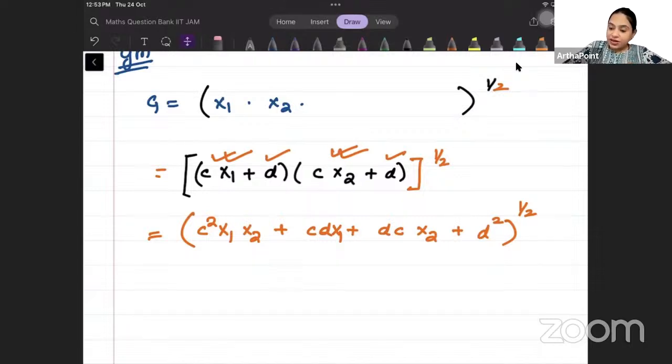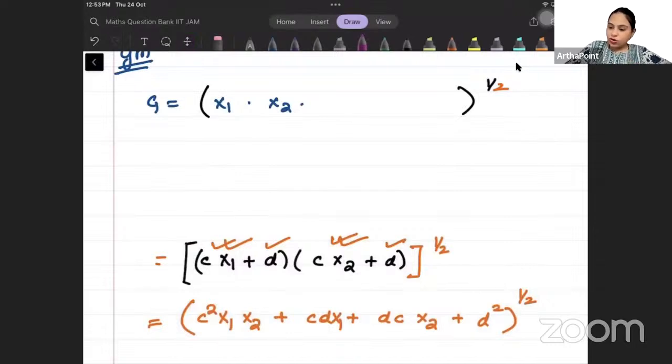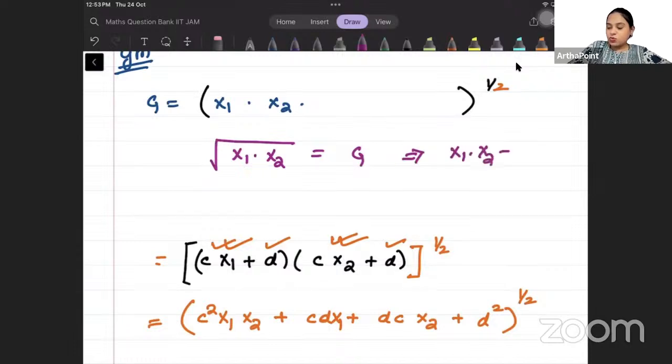But if I really try to do something along it, since I know that the square root of x1 into x2 is the original GM, x1 into x2 will be the original GM whole square. This is my new GM.